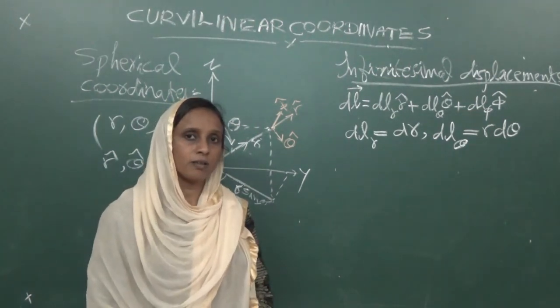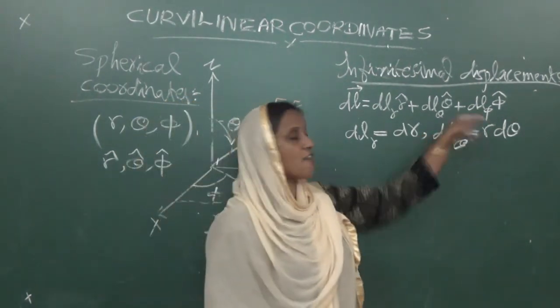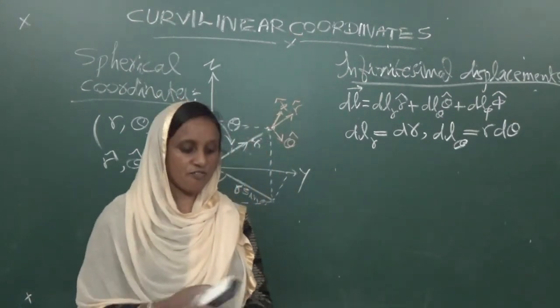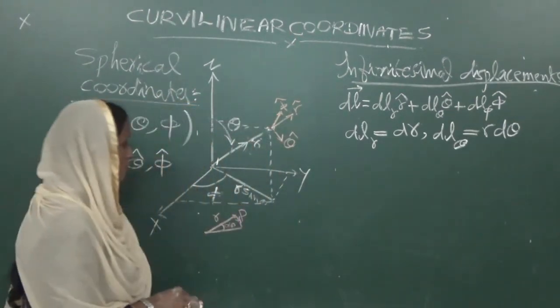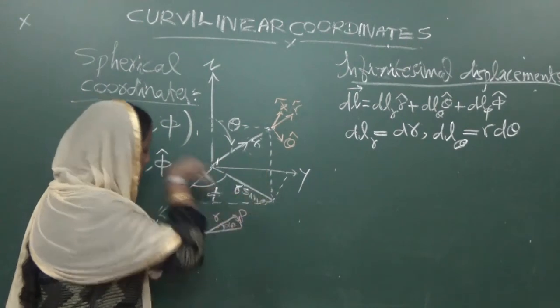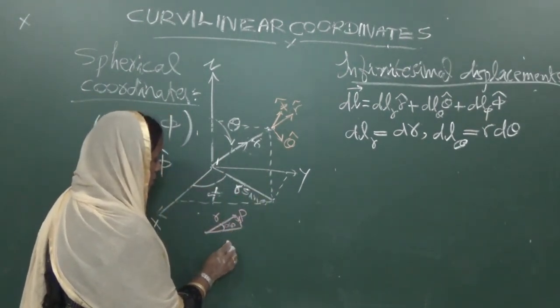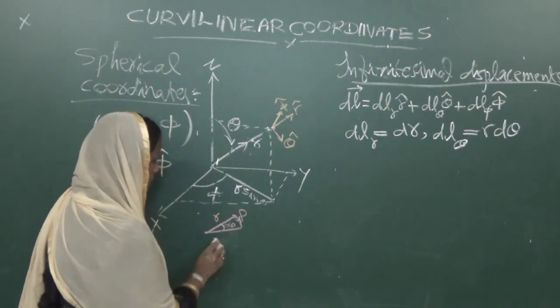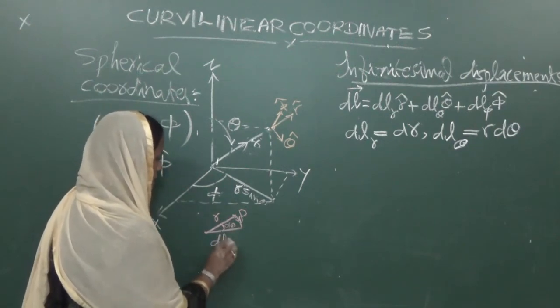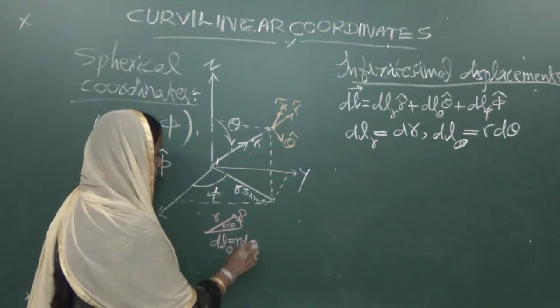Okay. Now, what about dl_phi? For that, we can check this figure. For example, I can show here another one. This is showing dl_theta, right here. dl_theta equals r d theta.